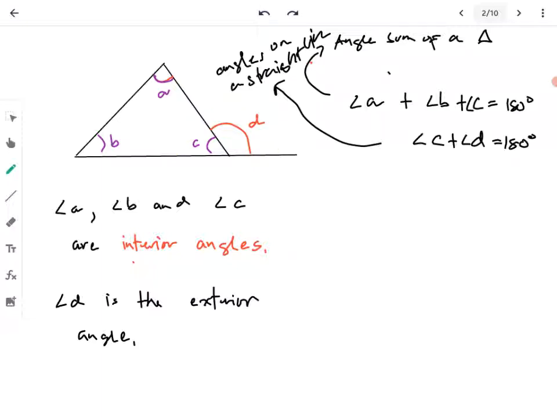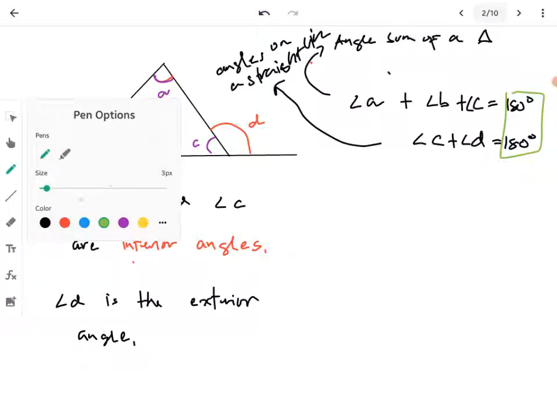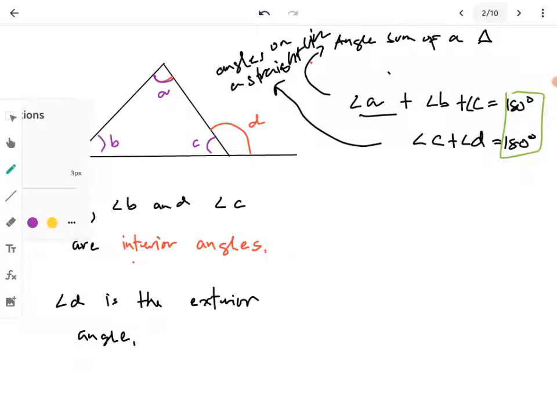Now, since they are both equal to 180 degrees, we can say, by the transitive law we emphasized before, that the sum here is also equal to the sum below because they are both equal to 180 degrees.